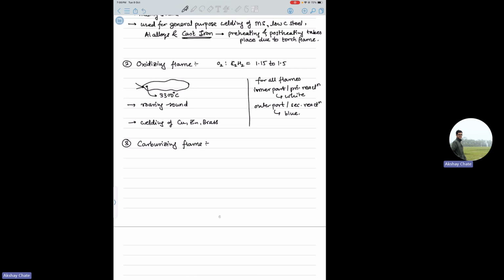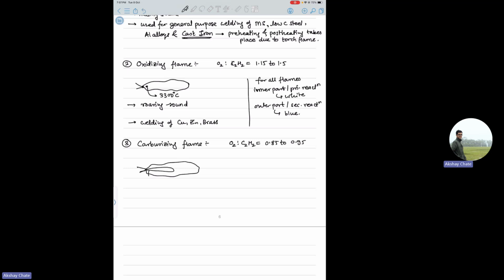You choose a higher content of acetylene. In that case, your O2 to C2H2 molar concentration is 0.85 to 0.95, and therefore you see a third kind of flame. After the nozzle, this is the usual flame, but you'll see another flame like this inside.